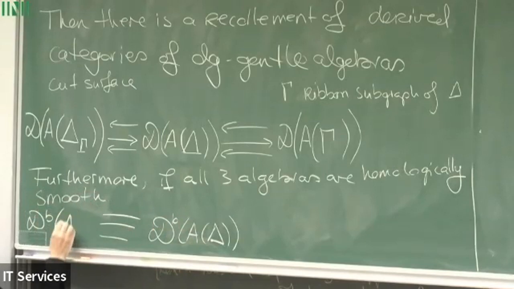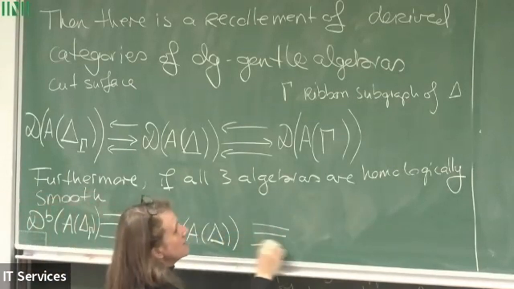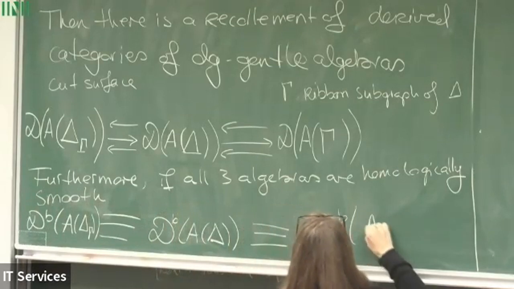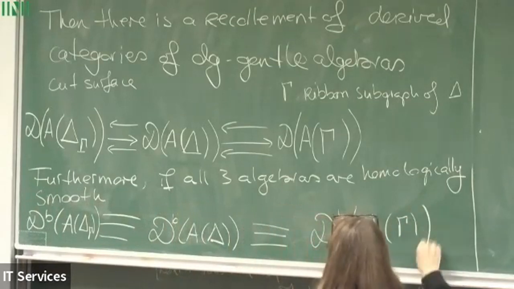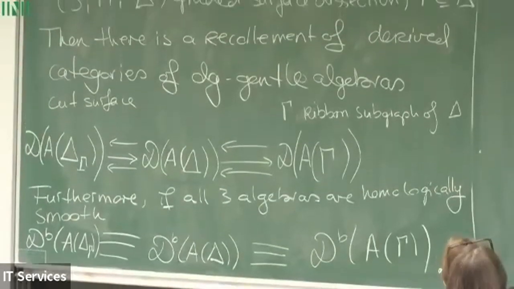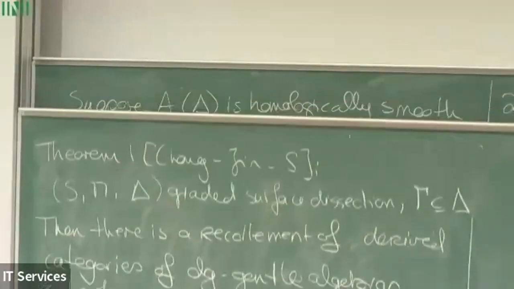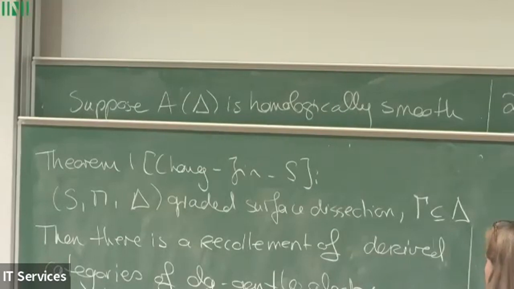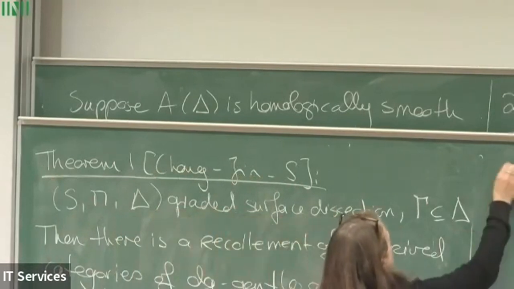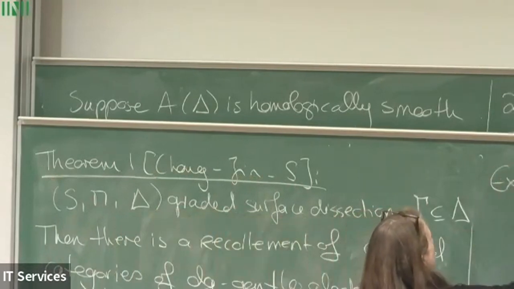These are the ones that are triangle equivalent to the partially wrapped Fukaya categories. So in some sense, we get a recollement of partially wrapped Fukaya categories here. Okay, so maybe an example again, before I state some geometric result we can get by using algebra from this. So first let's do the example.